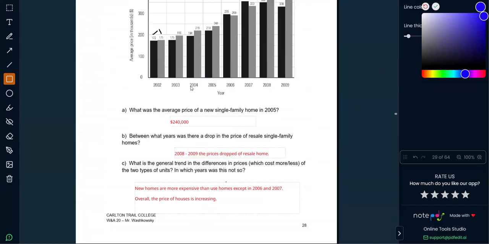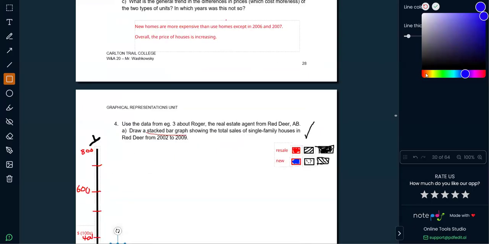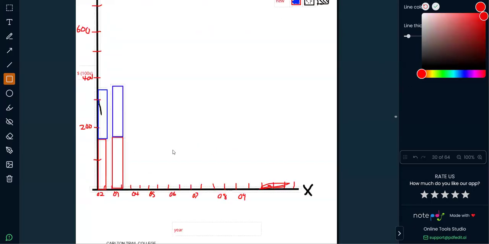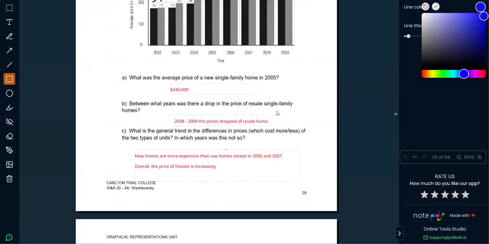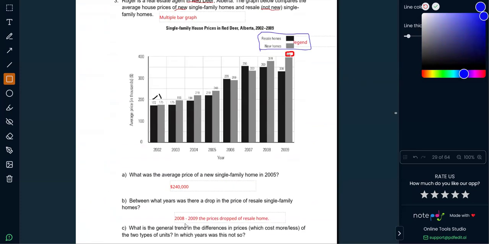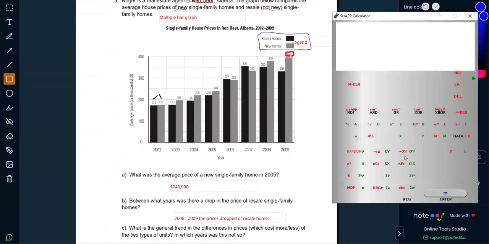Then 2004, it's 194 is my starting one. That's almost at 200. And then I need to add another 219 on top of that.